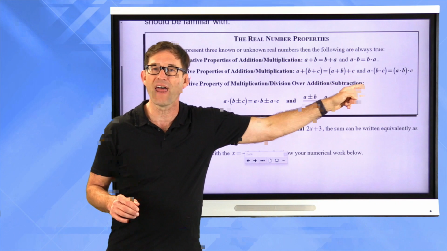We've got 3x plus 8y plus 5y minus 2x. Now, technically, we'd have to use a bunch of commutative, associative, and believe it or not, a little distributive property to get to our final answer. But ultimately, the way that we might want to think about this is 3x plus 8y plus 5y plus negative 2x.